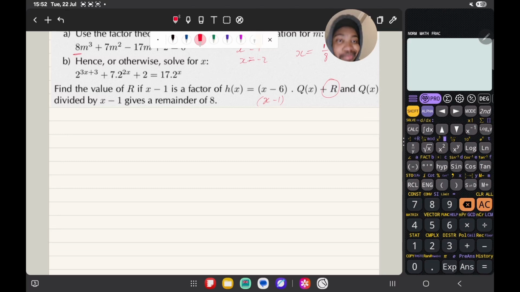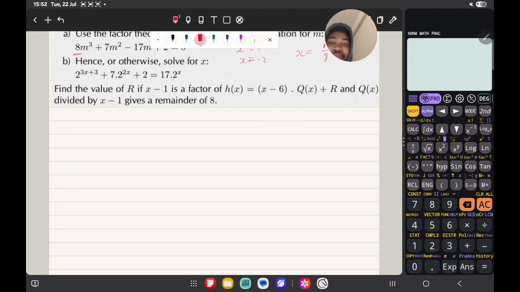So h(x) divided by x minus 6 is going to give you the quotient, and then plus the remainder, right? So that is fair. I don't have problems anymore. Let's solve this. Initially I was like, what? This doesn't make sense.